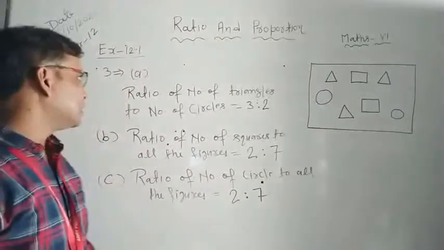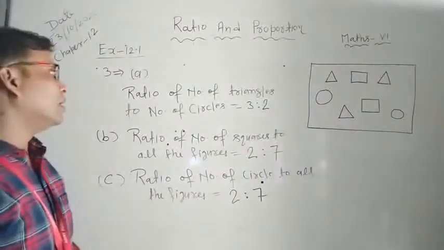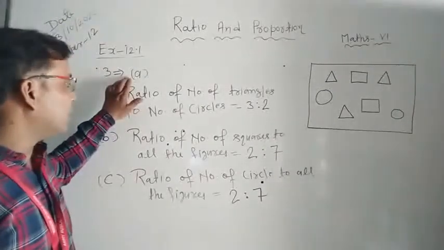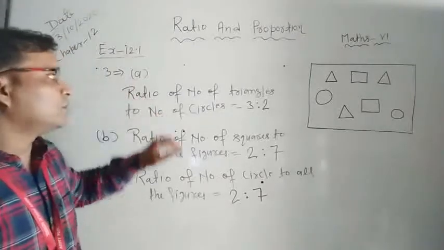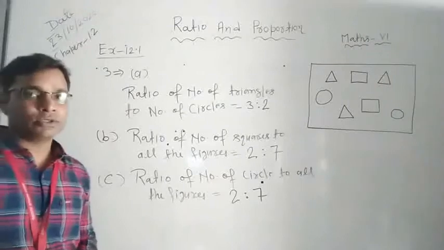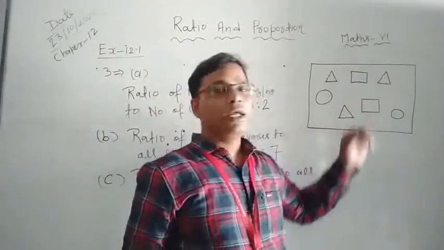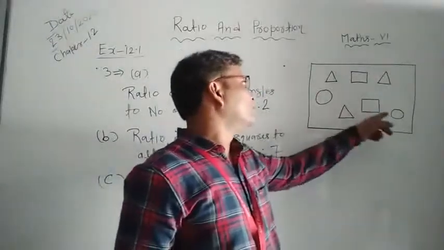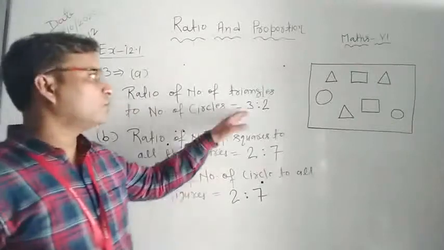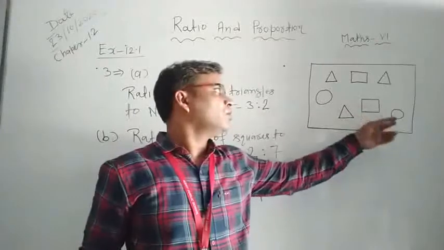In the first part, the question asks to find the ratio of number of triangles to number of circles. So here we count the number of triangles is 3, 1, 2, 3, and the number of circles is 2. So you can say the ratio of number of triangles to number of circles is 3:2, because inside this there are 3 triangles and 2 circles.